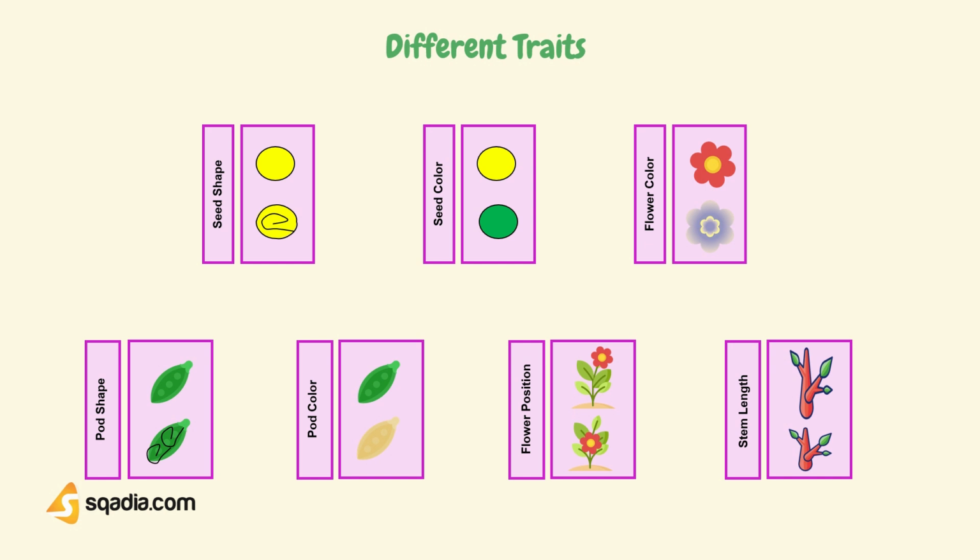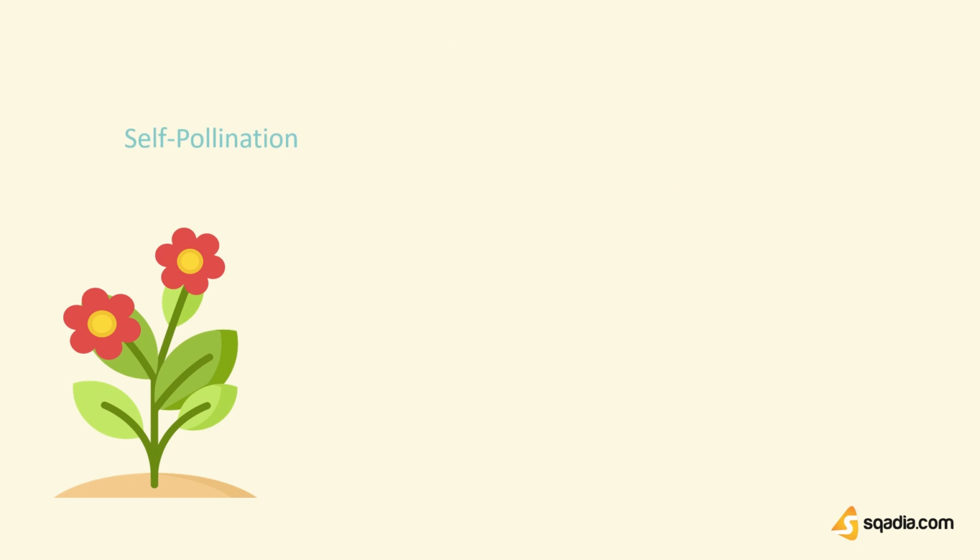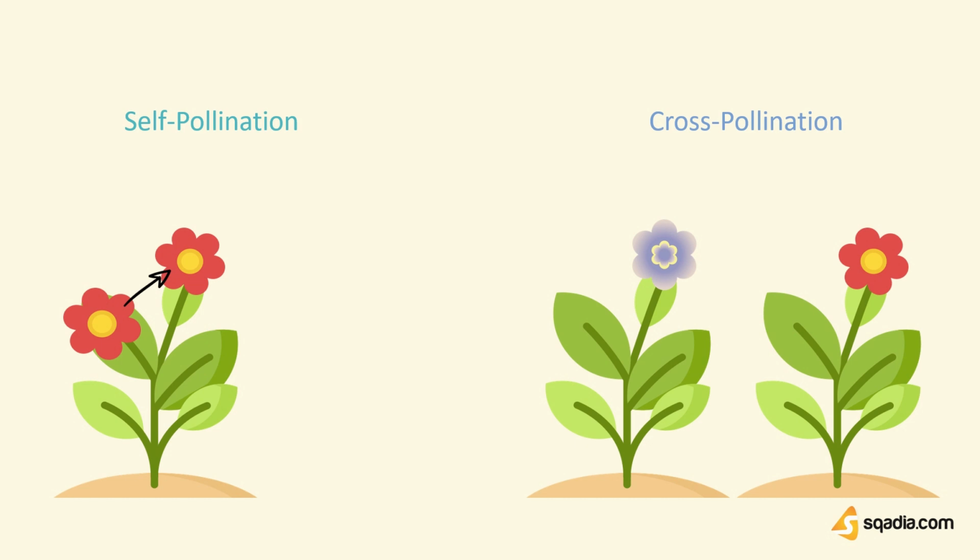Normally, the flowers of the pea plant allow self-pollination. It is from one flower to another on the same plant. But cross-pollination can also be done by transferring the pollen grains from the flower on one plant to the flower on another plant. Each trait studied in the pea plant had two distinct forms.